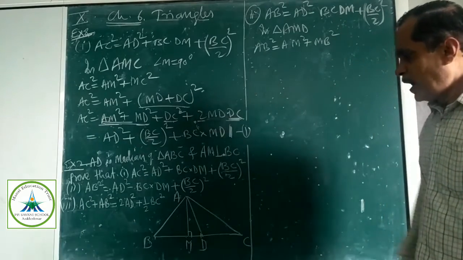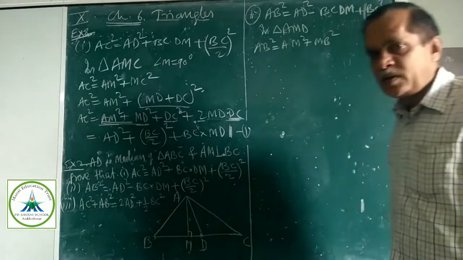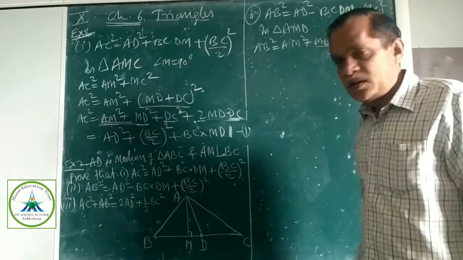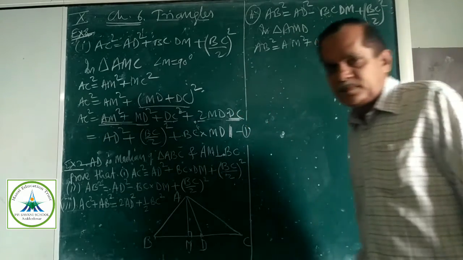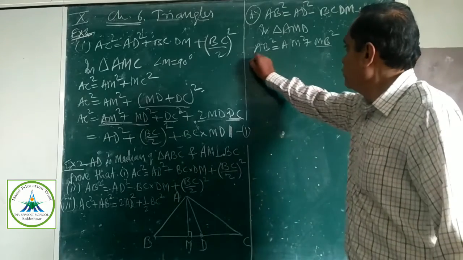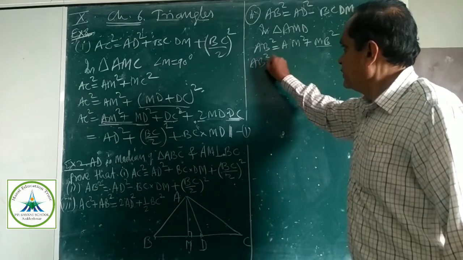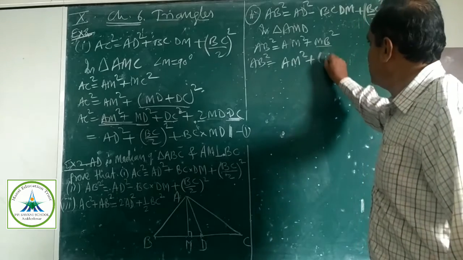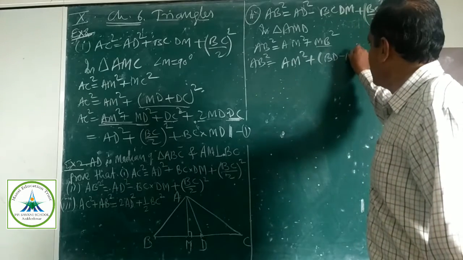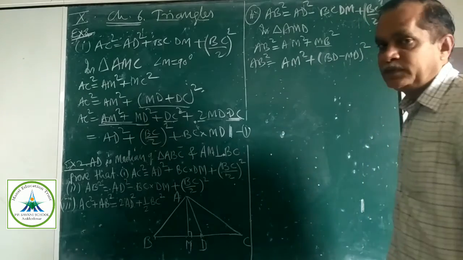Yes or no? And replace MB: MB equals BD minus MD. So AB square equals AM square plus (BD minus MD) whole square.